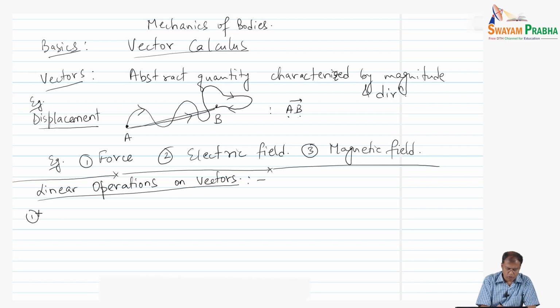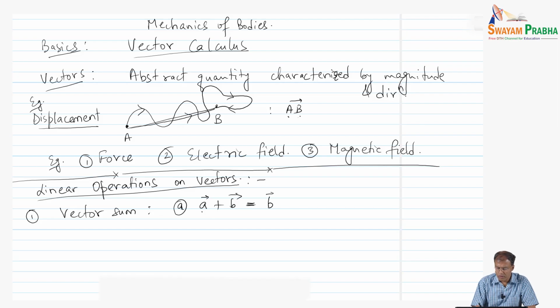For example, we talk about vector sum. Let's say two vectors A and B can be summed as A plus B, which is also equal to B plus A.